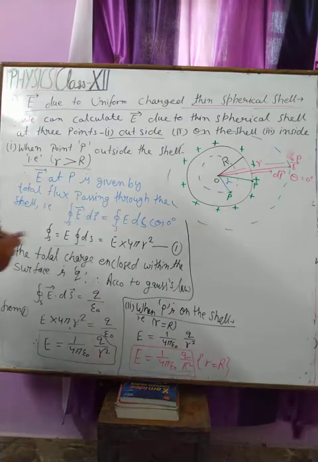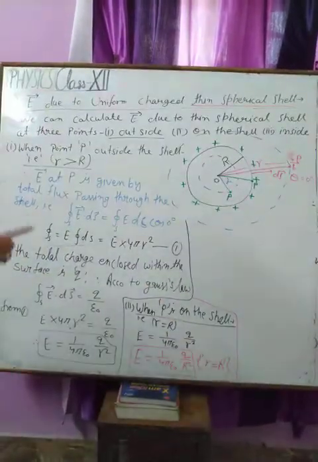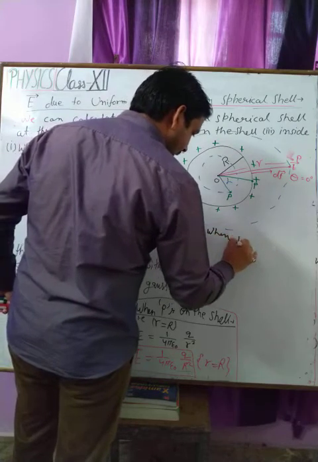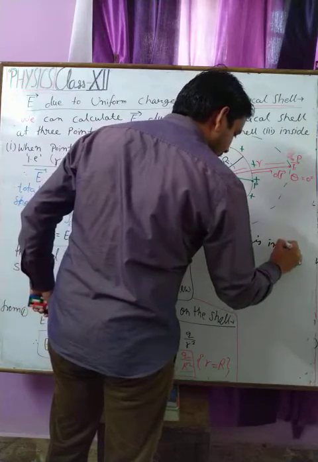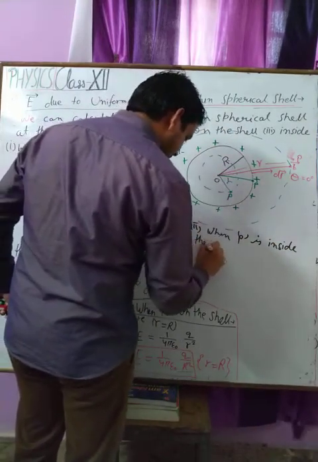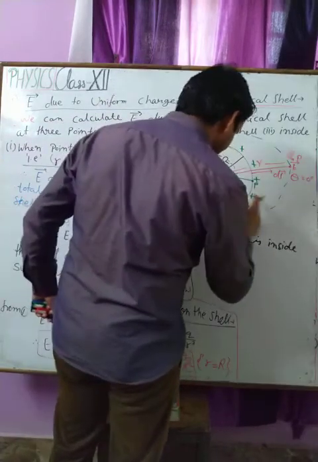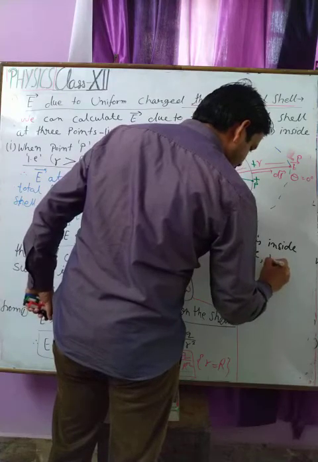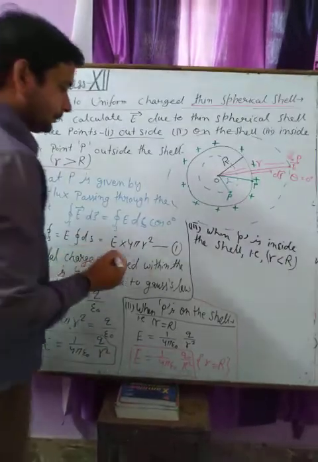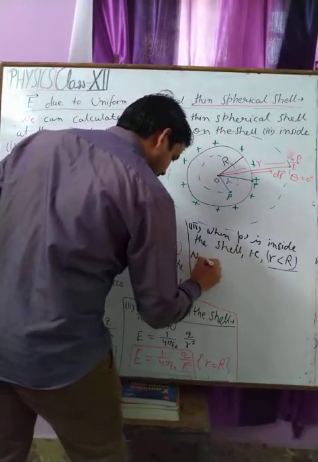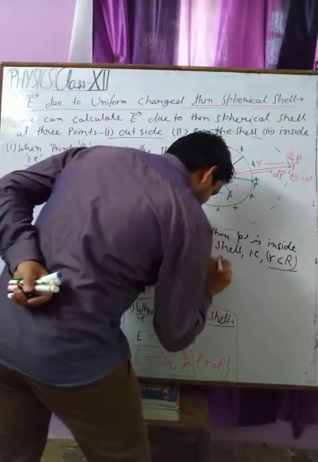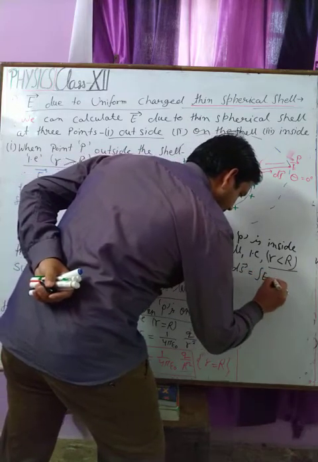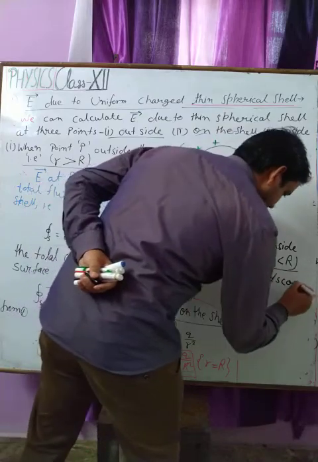Okay, now we calculate this electric field inside the shell. The third point is when point P is inside the shell, that is, small r is smaller than capital R. Now the electric flux, E dot dS, is equal to the integration of E dS cos 0 degrees.